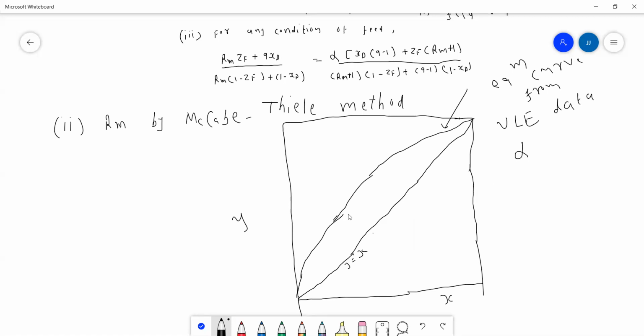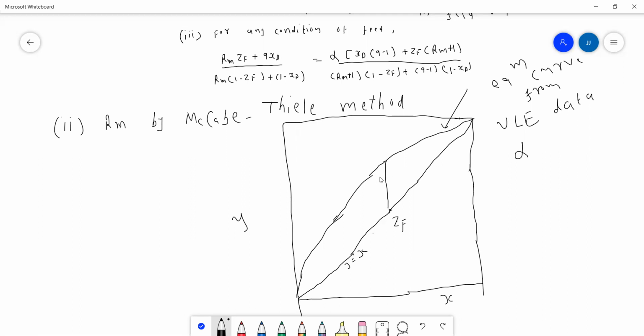So how to determine the RM? From this ZF, let's say here we have a ZF, and depending upon the condition of feed, let's say I am drawing this one with some positive slope, like this.